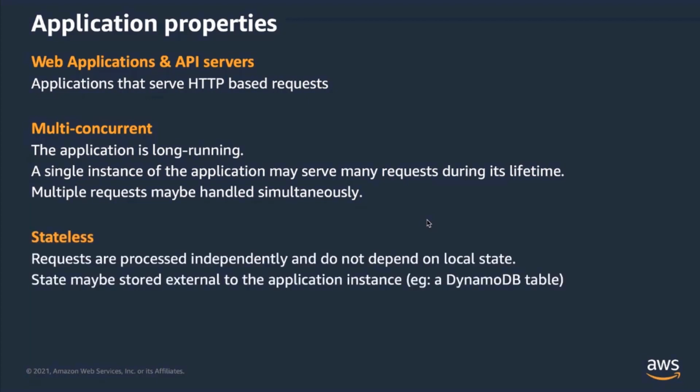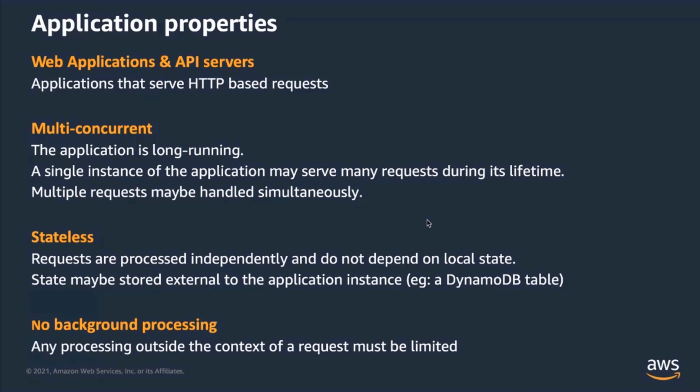And the application must be stateless in that any request processing that you perform should not depend on any local state being present on disk. If you do need to store state, you can use external databases and data stores that your application can connect to.